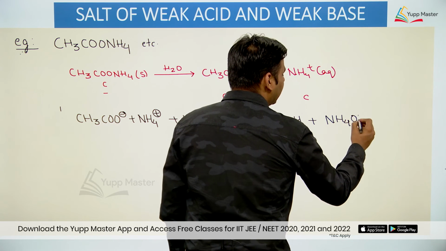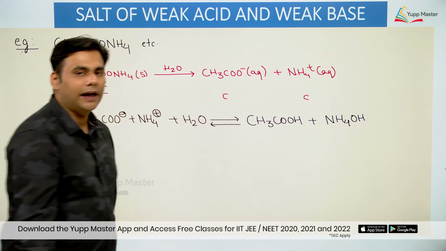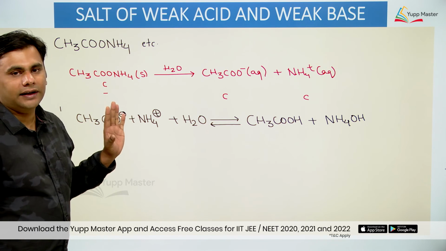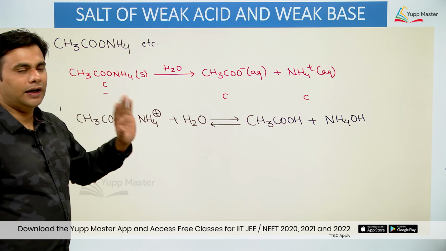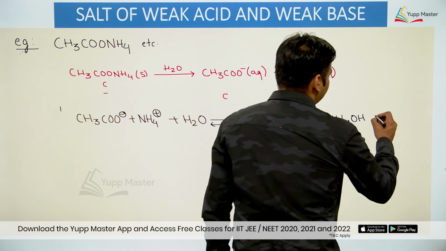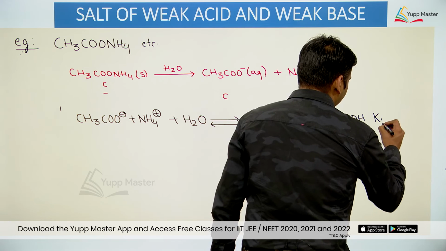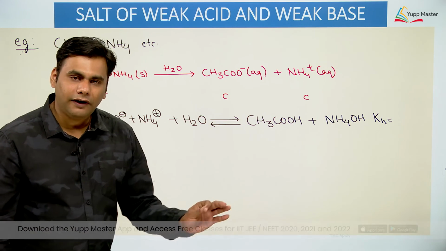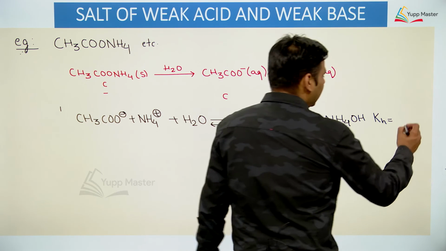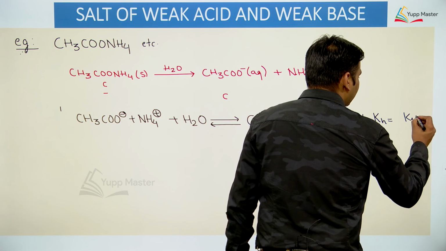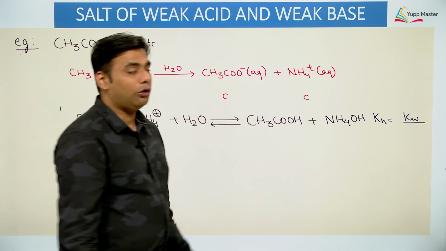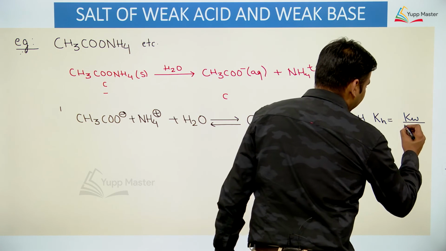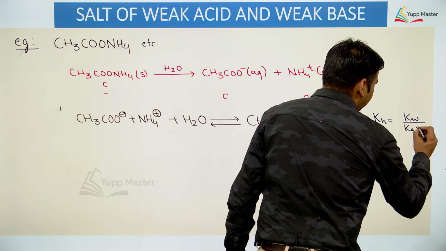Because they are weak electrolytes, they will ionize but to a smaller extent, hence there would be an equilibrium that is established in this case, right? Now because there is an equilibrium due to hydrolysis, we will have a hydrolysis constant Kh. Now we have already defined that Kh will always be equal to Kw upon the weak component, because here both the components are weak, acetic acid and ammonium hydroxide. So basically the Kh will be Kw upon Ka into Kb.